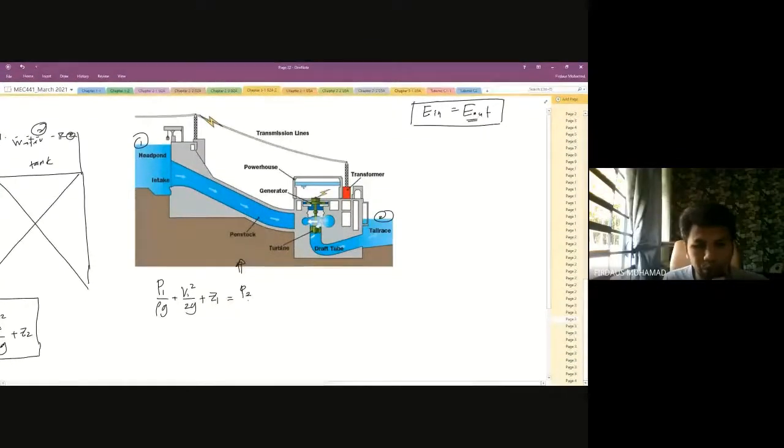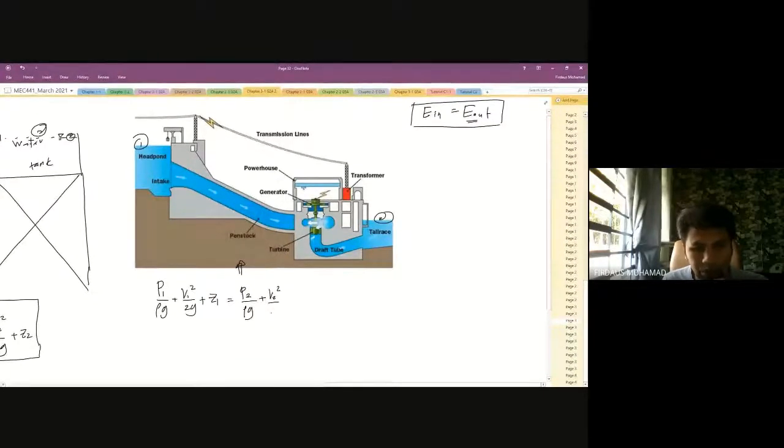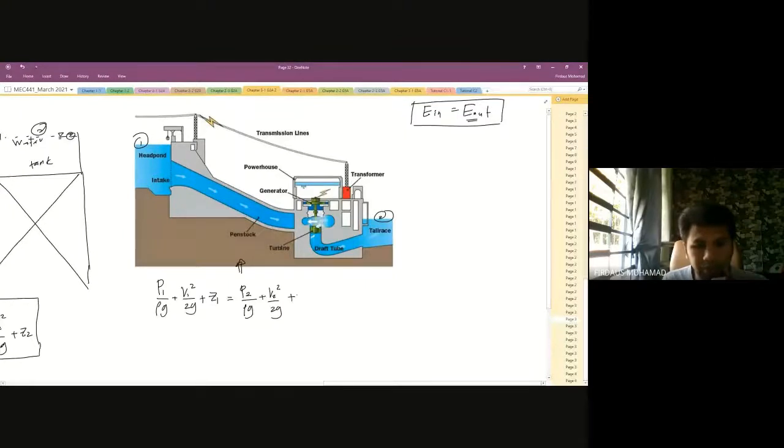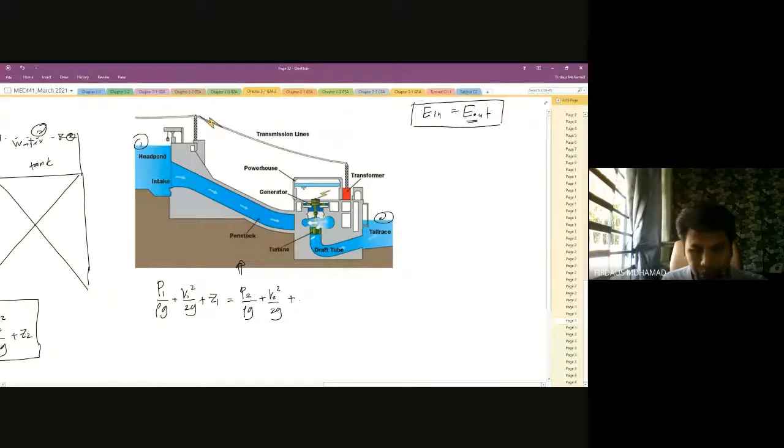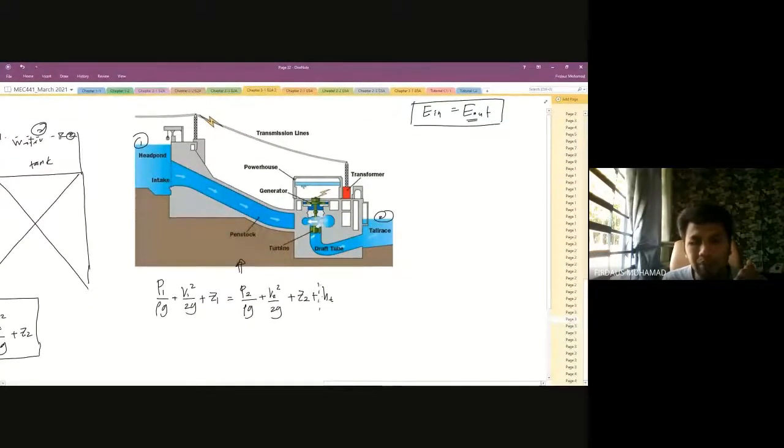So P2 over rho g plus V2 squared over 2g plus Z2 plus HT. Kat sebelah sini kena ada head for turbine. Sebab apa? Energy is produced from the turbine. So this is head for turbine, and then unit dia adalah meter. Okay, faham?